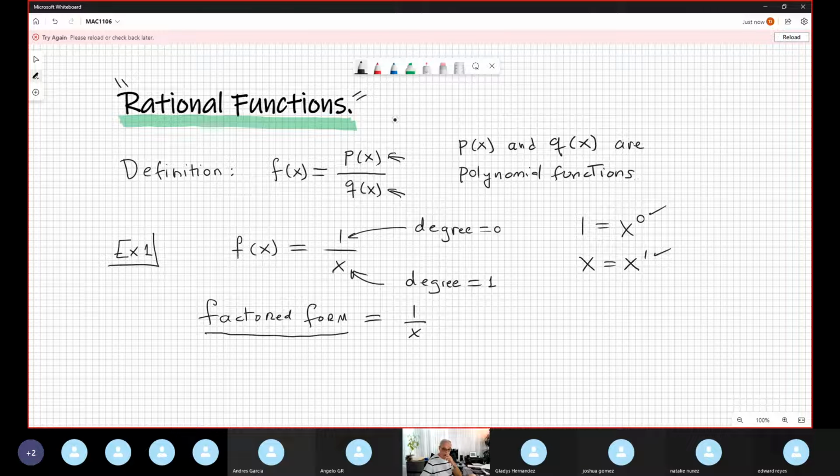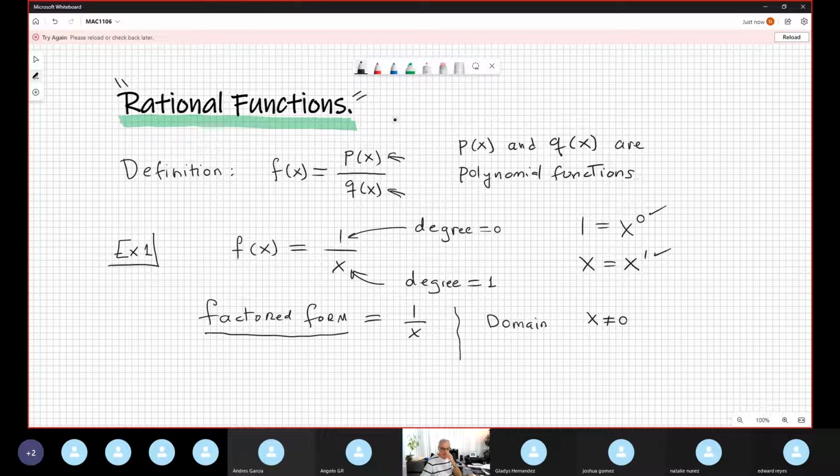Also, inside the same example 1, I need to investigate the domain. Well, the domain is easy. The domain is all real numbers except 0, because you take the denominator and you know the restriction is not 0. Entonces, now the domain is all real numbers except 0.